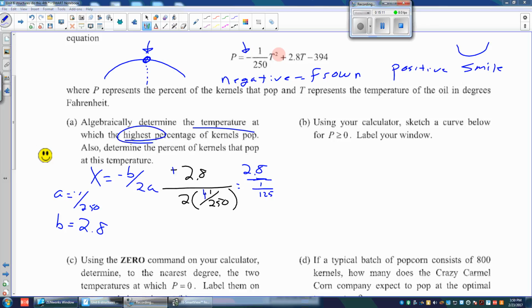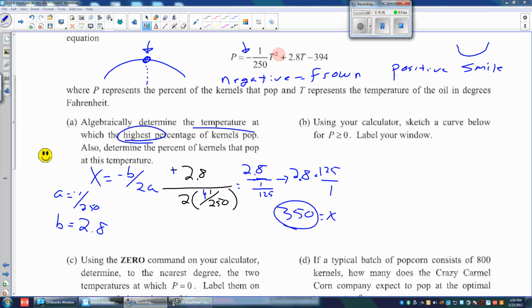Well, I have some nested fractions here, so we're going to multiply by the reciprocal. So it is 2.8 times 125 over 1. And that equals exactly 350. 350 what? That is x.